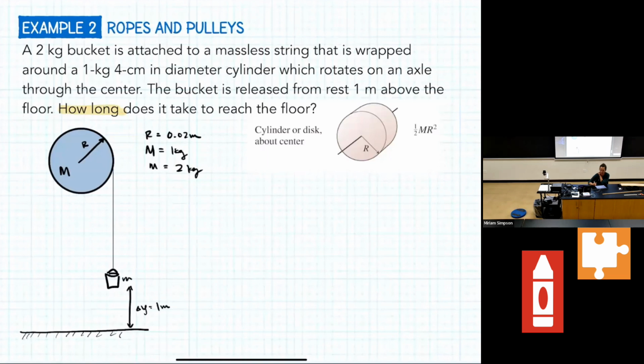Where do you think we should start? This is a dynamics problem. Let's start by drawing some forces. So where are the forces? Bucket. What are the bucket forces? There's mg and tension. Okay.